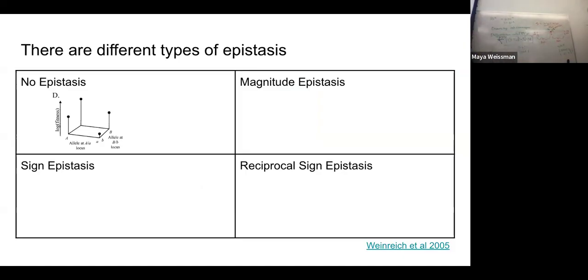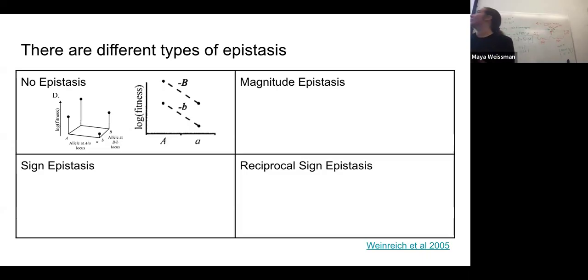Again, you'll see this fitness landscape that looks something like this, where regardless of what the genetic background is, or what the genotype is at the other locus, you get the same fitness effect. So if you were looking at the fitness of going from big A to little a, you have the exact same slope regardless of your genetic background, regardless of whether you're little b or big B. If I were to make the opposite graph, I would see the same thing.